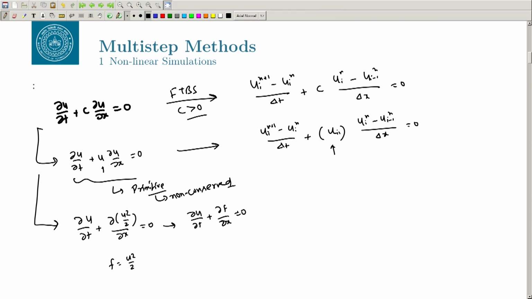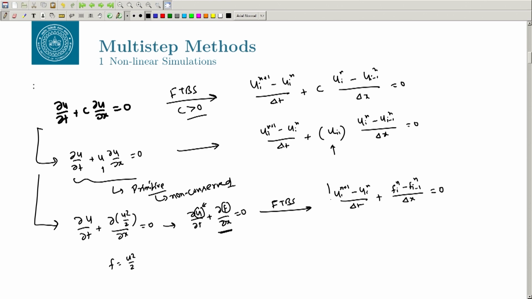And then if you apply FTBS in this, now you do not have a hard choice, because you can easily fix f to be backward in space. This depends on x and this in time, so this is forward. So, u_i^(n+1) minus u_i^n by delta t plus f_i^n minus f_(i-1)^n by delta x equal to 0, right.